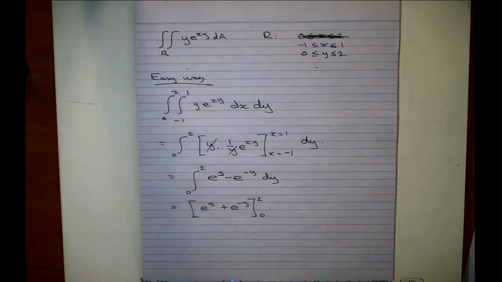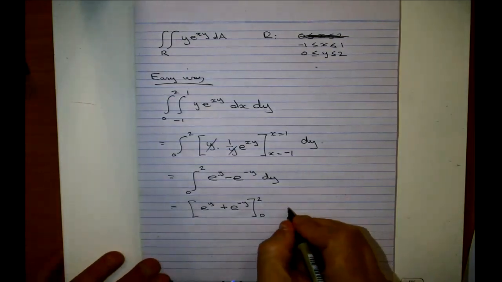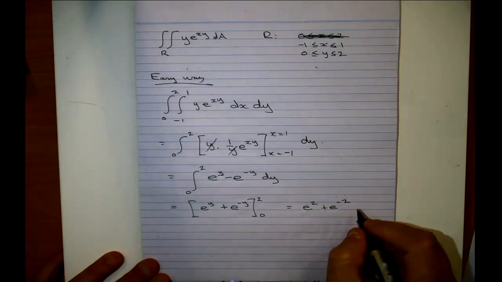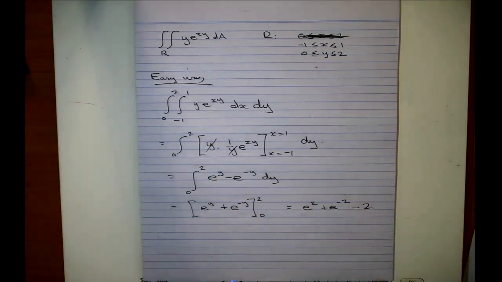Notice I dropped the y equals because no confusion now. And you do this, what do you get? You get e squared plus e to the minus 2 minus 2. Done.